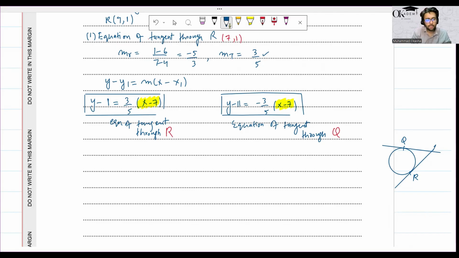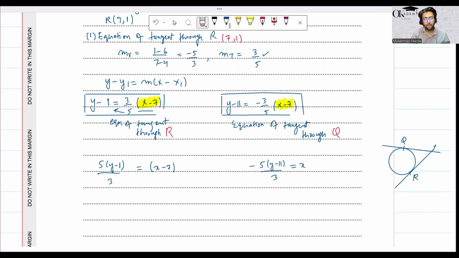So if I were to keep x minus 7 on this side, this 5 goes over to the other side and it becomes 5 times (y minus 1) divided by 3 equals x minus 7. And for this one, 5 times (y minus 11) over 3 is going to be negative. Do not forget this negative. And that is equal to x minus 7, my bad.